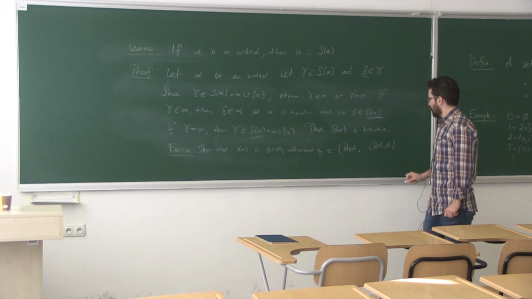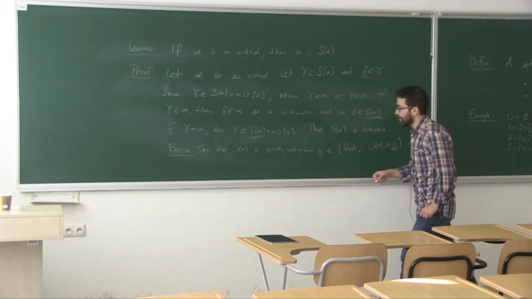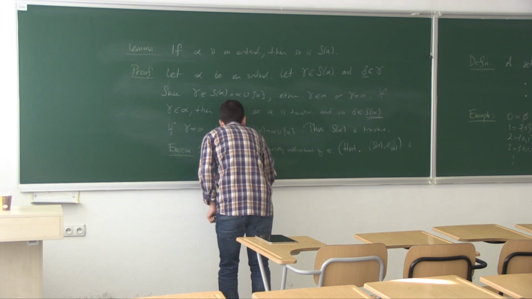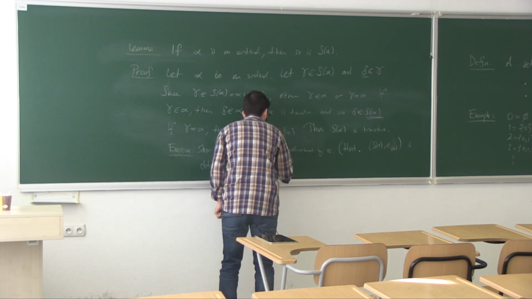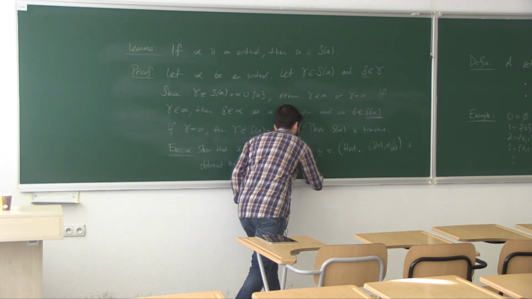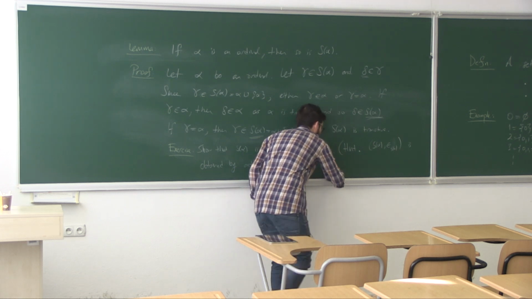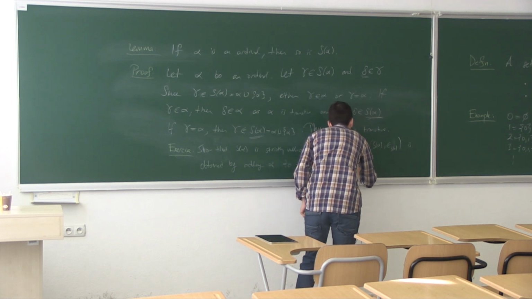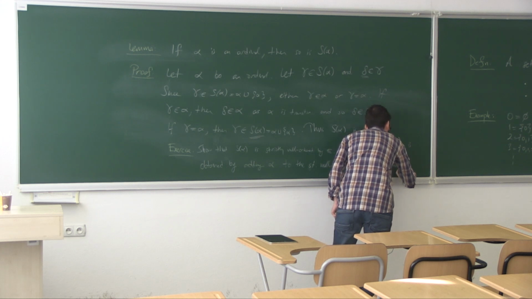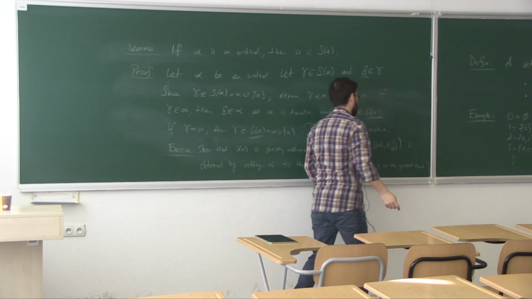This well-ordered set is obtained by adding one more element, namely the element alpha, to the strictly well-ordered set alpha as the greatest element, okay?